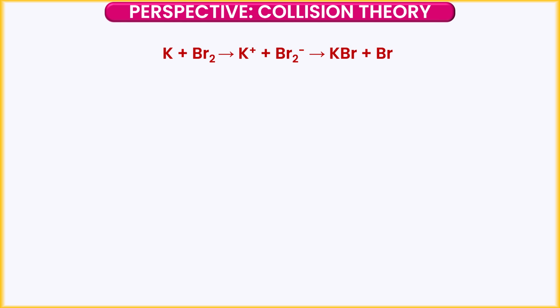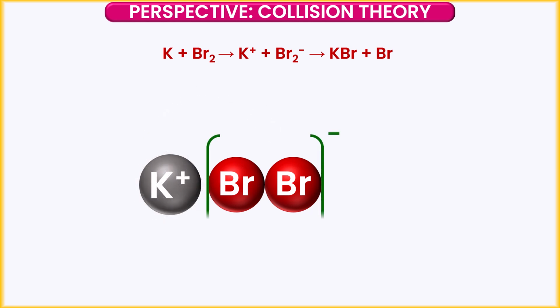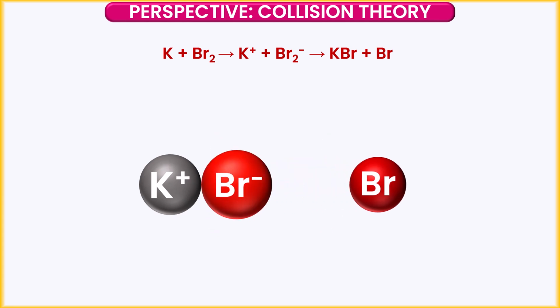In the present case, the potassium atom first collides with the bromine molecule, and this collision results in the transfer of an electron from potassium to bromine, leading to the formation of an ion pair consisting of K+ and Br2−. The negatively charged bromine molecule then breaks apart, ultimately forming KBr and a bromine atom.